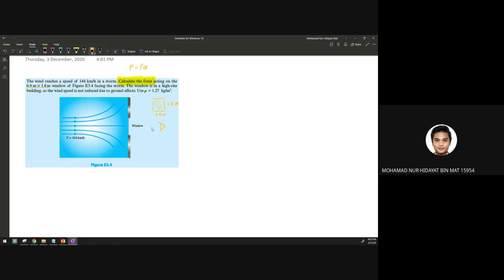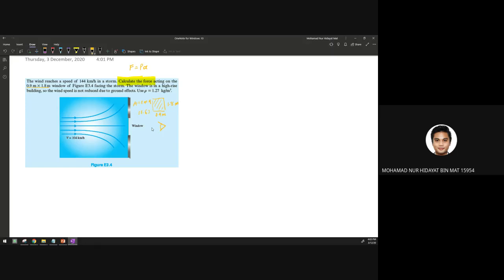Then the area, you can calculate, is 1.8 multiplied with 0.9. So what's the answer? The area is, what's the answer? Is it 1 point? Yes, correct. 1.62. This is the area.